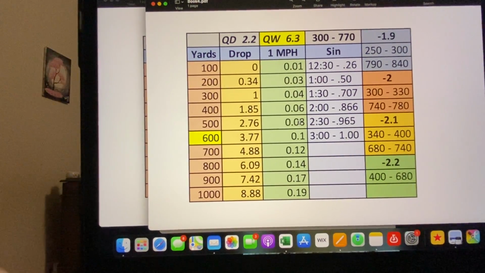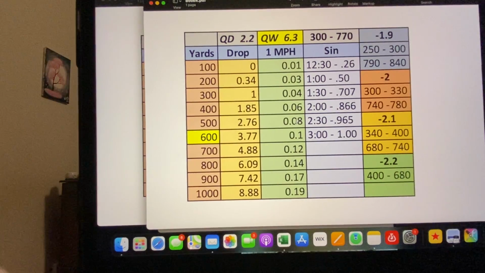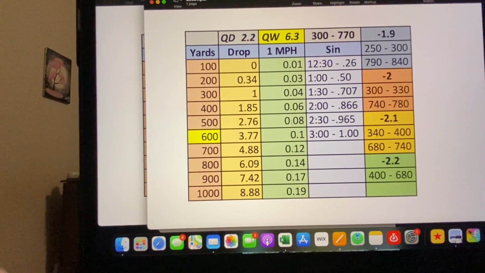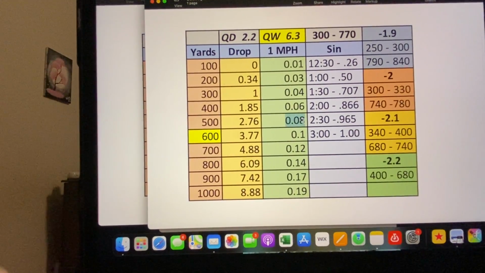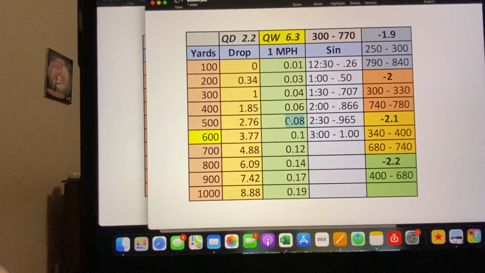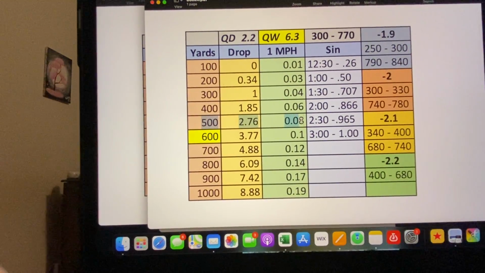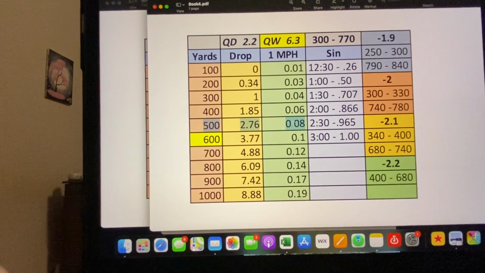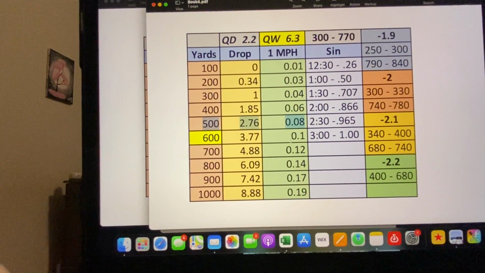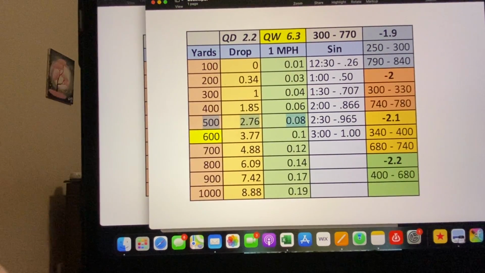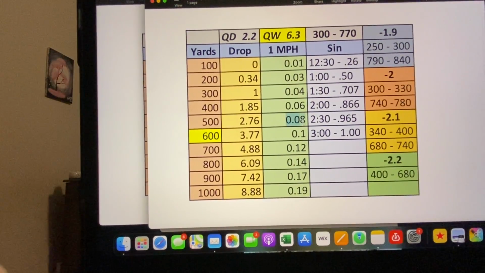So 0.8 plus 0.4 is 1.2. I hope I got that right. Yeah. So for a 15 mile an hour wind, we're going to hold 1.2 mils at 500 yards. So that works very easy. With just some basic math, this has given us 1, 10, 20, and then a little bit of division, or however you think about it, we can get our 15.